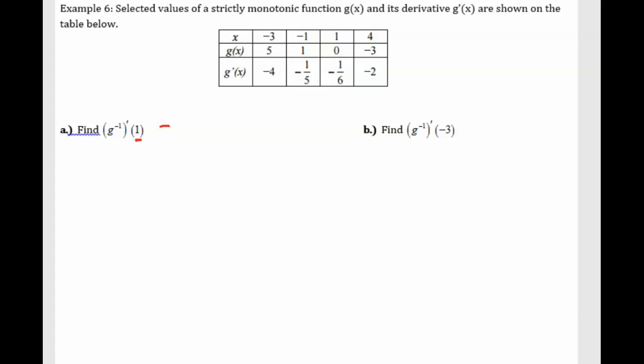Which means this is like finding 1 over g prime of g inverse of 1. So again, if you go back to the concept or the page we just talked about, when we were looking for that derivative at 35/4, that was the y value of the original.